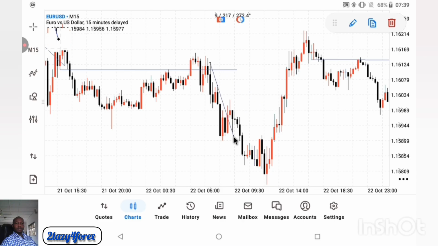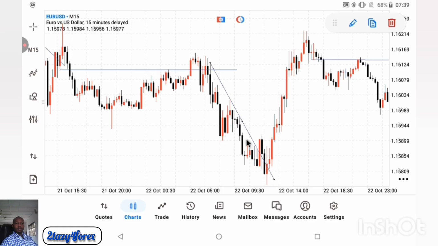There has to be no interference with the black candle. No candle must print above it. No black must print above it. If there's red above it, don't worry. So now, this black to black, you have a red above, close above it, but there's no higher high. So you move your trend line to the nearest black, which is here.